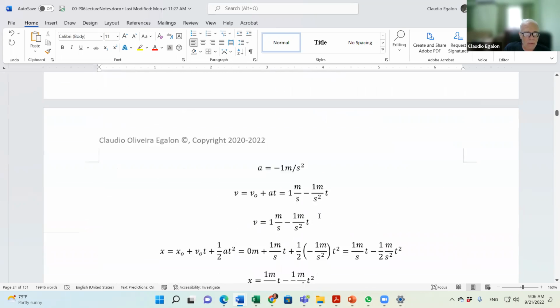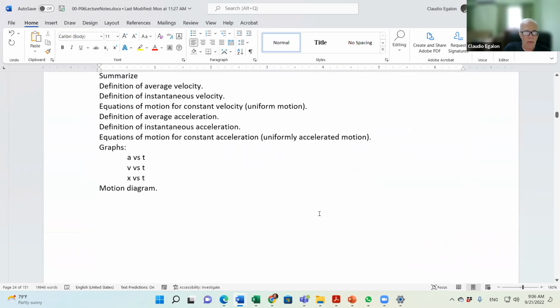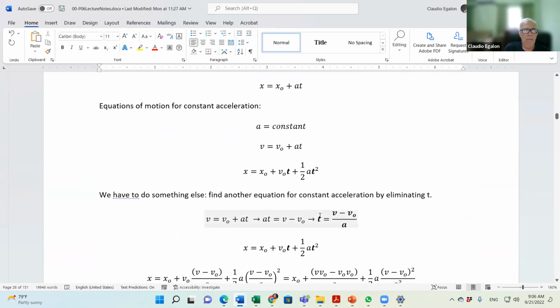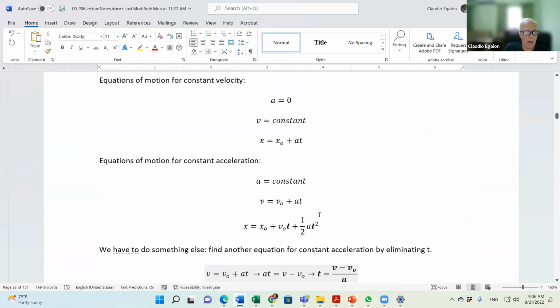What else do you have to know? There is one more equation that's very useful for motion under constant acceleration, okay? So those are the three basic equations. And there is one more equation that's very useful. I'll say even two more.